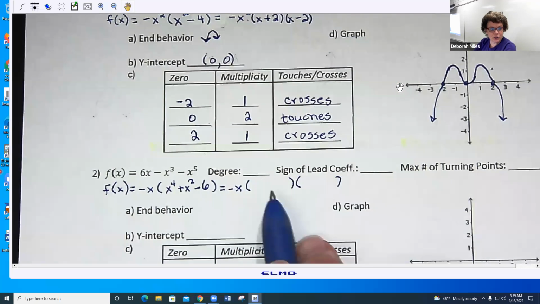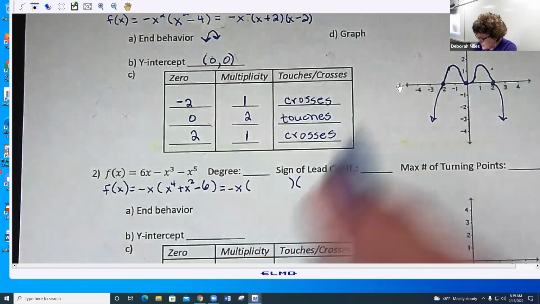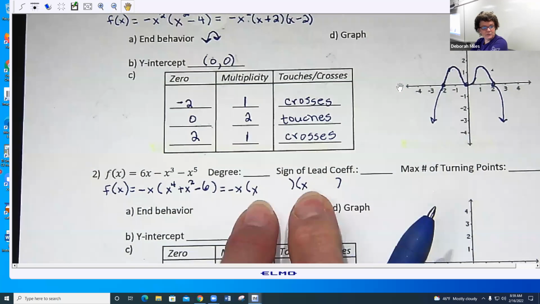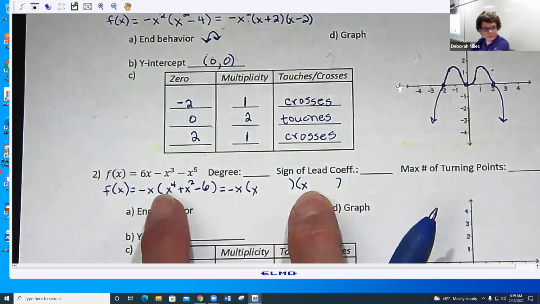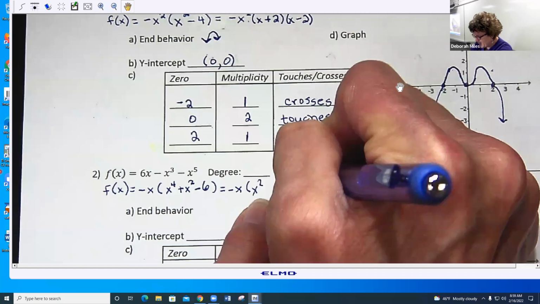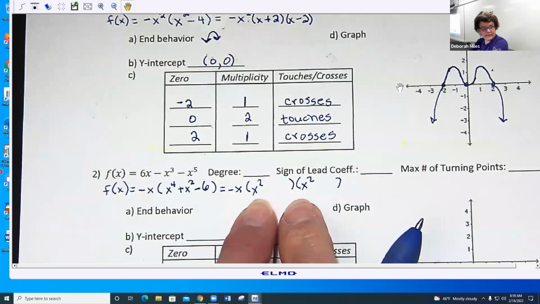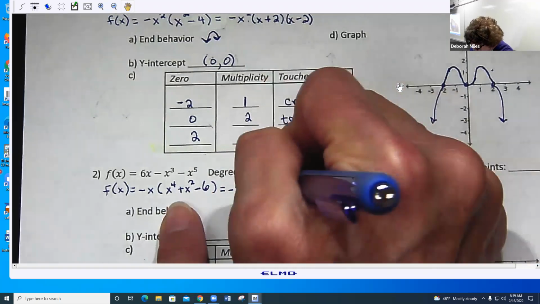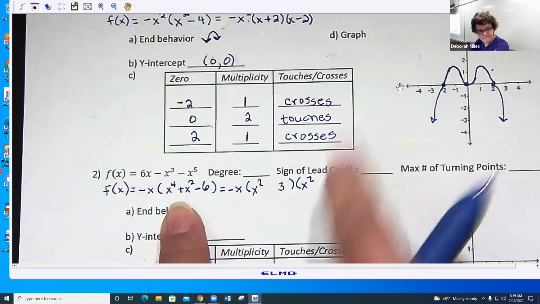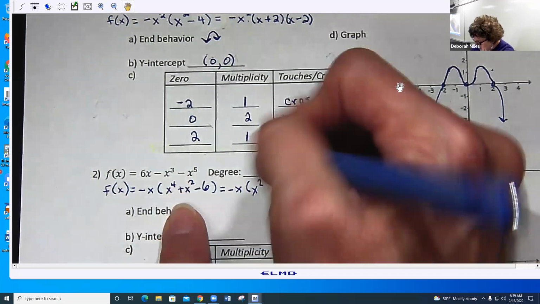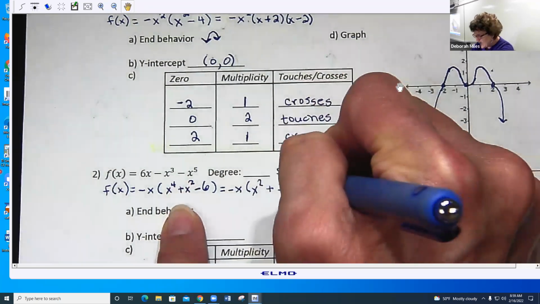Instead of the first term of each of those factors being just x, what would they have to be in order to give me an x to the 4th? They just both need to be x squared. And then factors of 6 that have a difference of 1 are 3 and 2. And to get a positive 1 in the middle, I need a positive 3 and a negative 2.